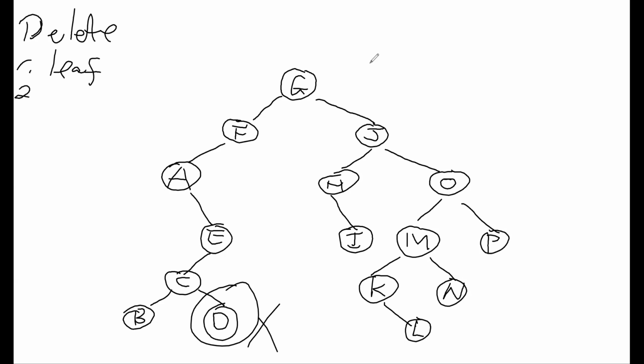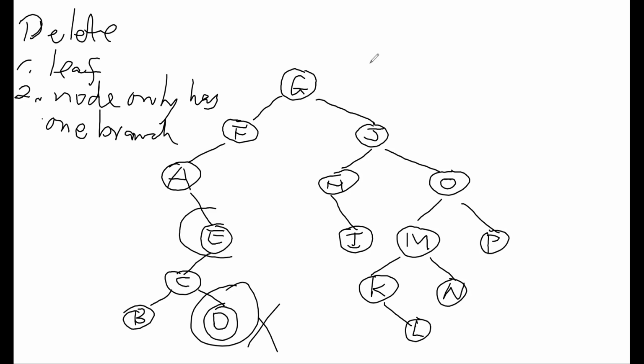And the second case is a node that only has one branch. The case that we discussed is like node E, if you want to delete it. That's also not too comprehensive, because it only has one branch.